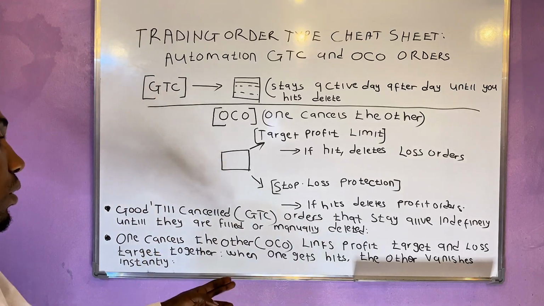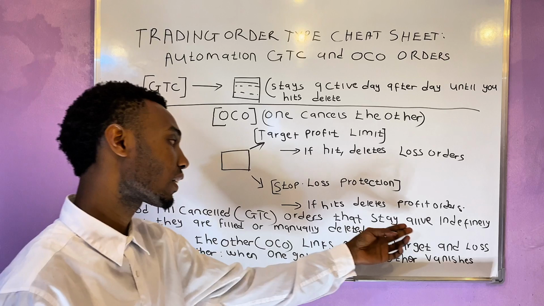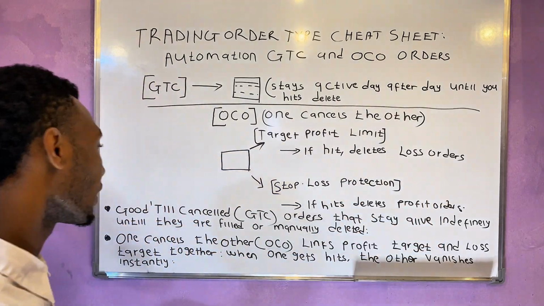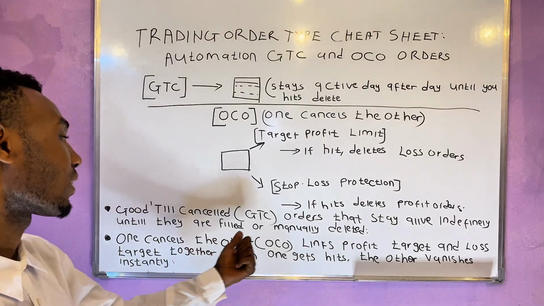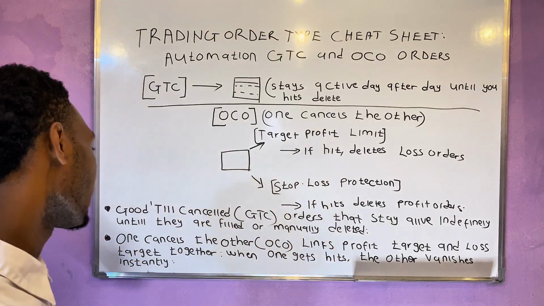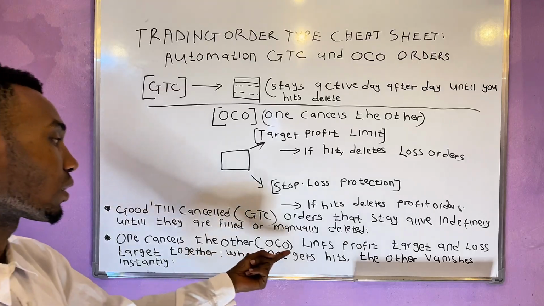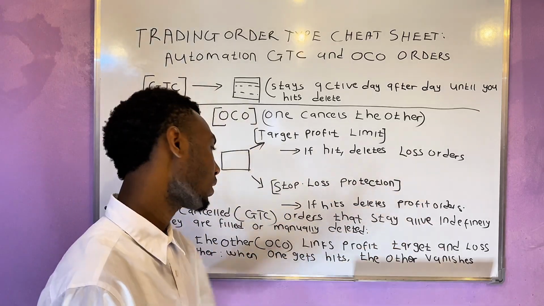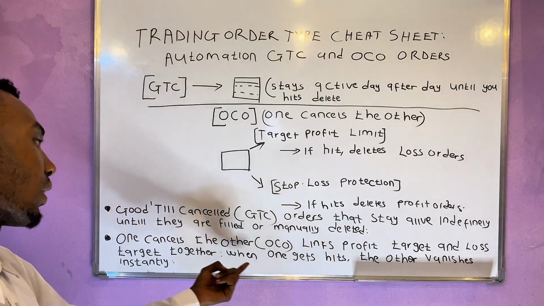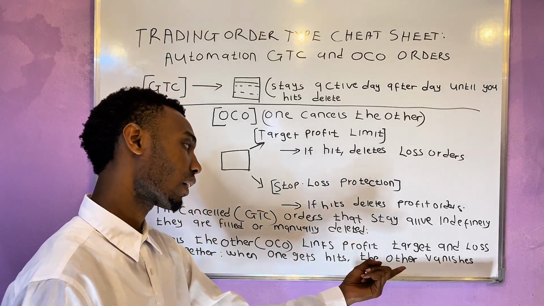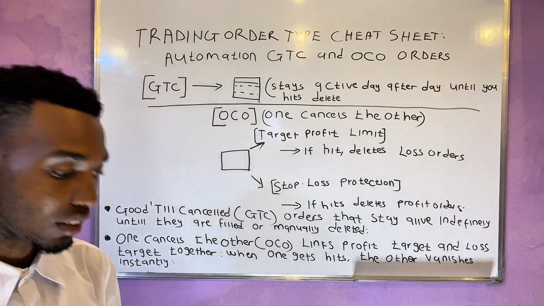Good till cancelled orders stay alive indefinitely until they are filled or manually deleted. OCO links a profit target and a loss target together. When one gets hit, the other vanishes instantly.